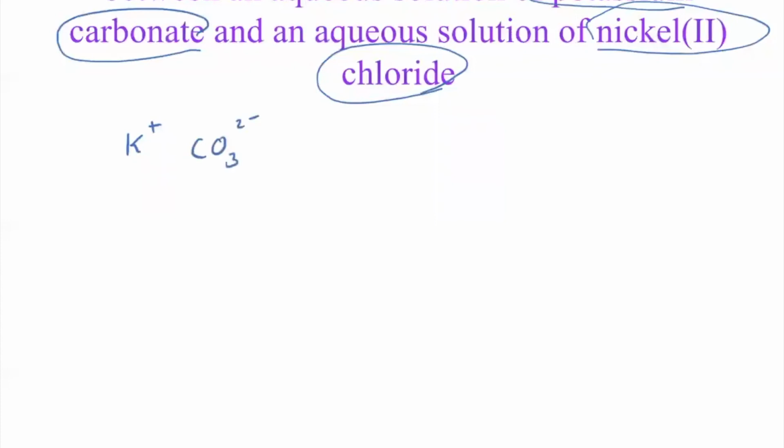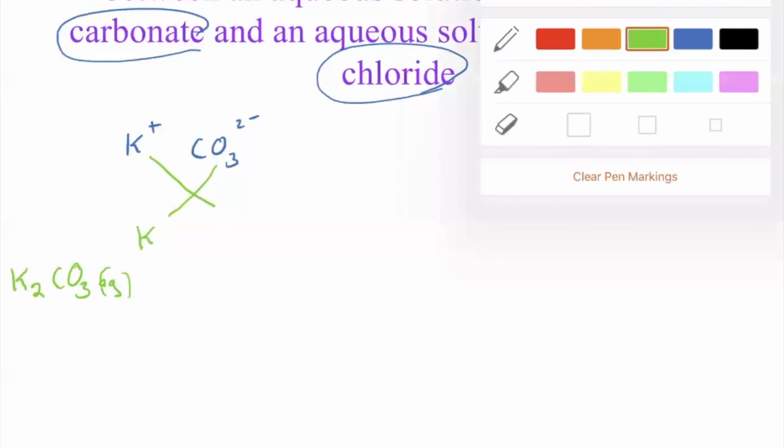So then you put that together. It's going to be K2CO3, potassium carbonate. Looking at the table, you're going to realize that this is an aqueous compound. Okay, so you finish the first one. Then move on.